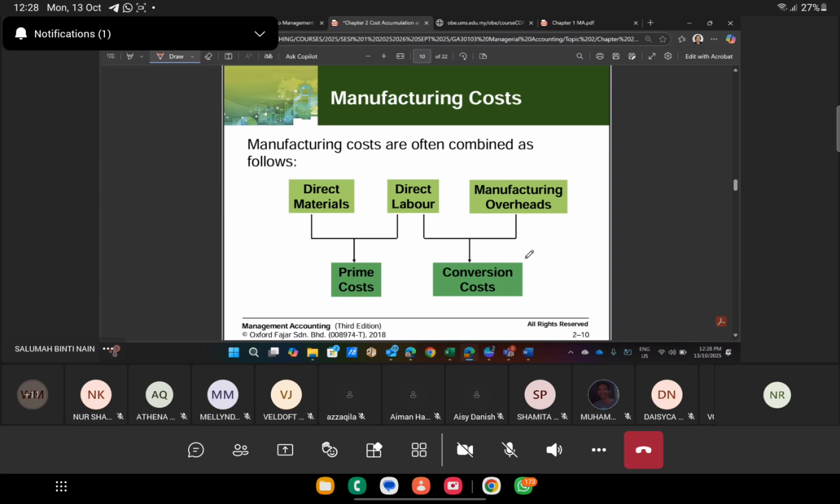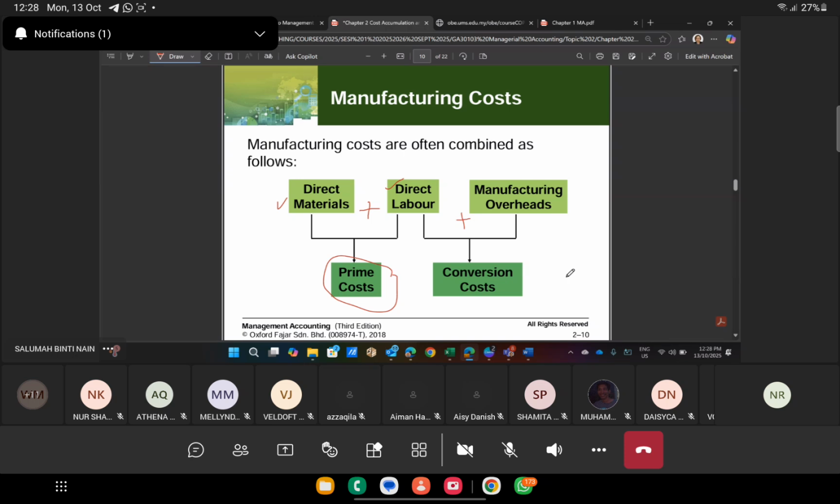So once again, manufacturing costs are the direct labor and the direct material. These two plus, that will be the prime cost. Conversion cost, like I mentioned just now, is direct labor plus the MO.